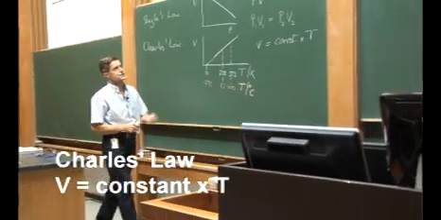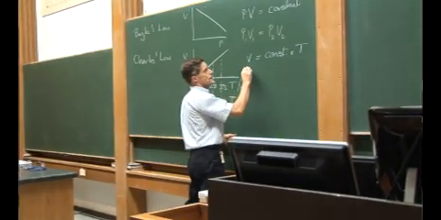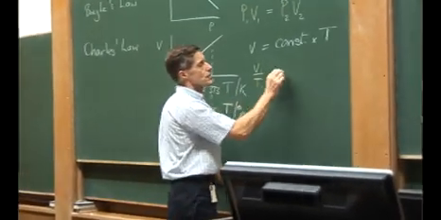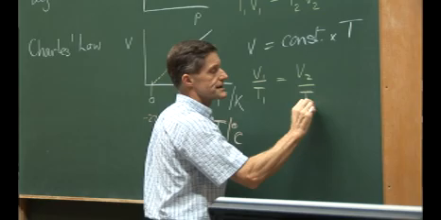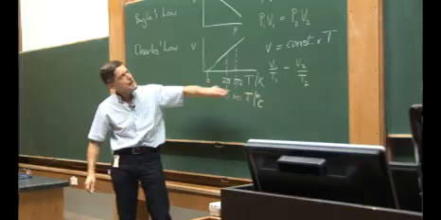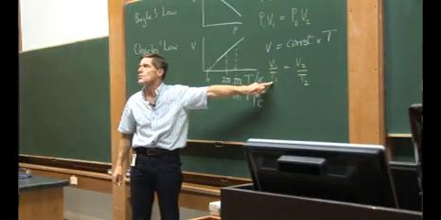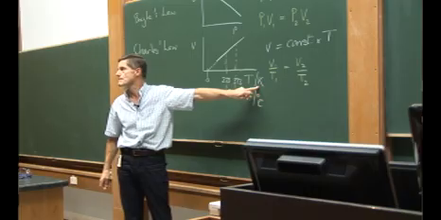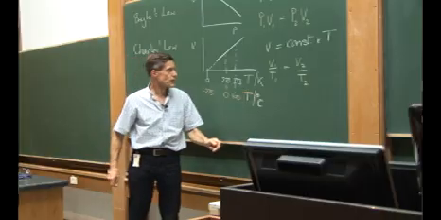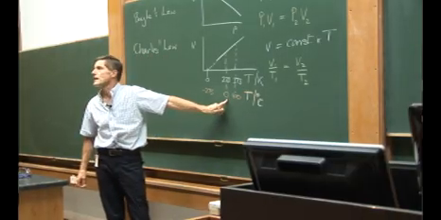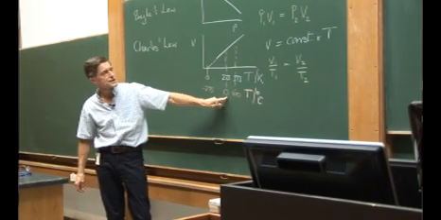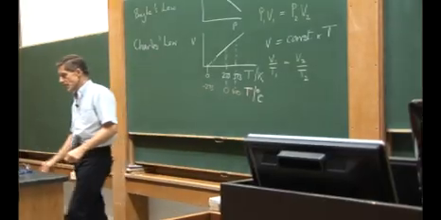I could rearrange this and express it as volume over temperature under conditions 1 equals volume divided by temperature under conditions 2. The thing to remember is that the temperature is always expressed in Kelvin. That way we get around the problem of potentially dividing by 0 if we want to look at something at the freezing point of water. So temperature is always expressed in Kelvin.